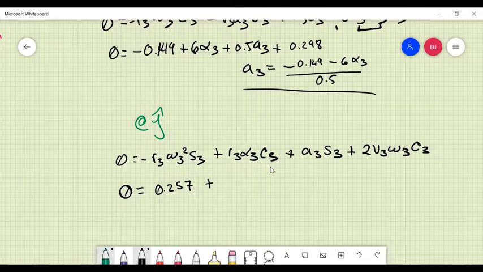Plus cosine of theta 3, which is... this would be 3.46, right? Which is the sine of 300. It's a negative one, is 0.86683, plus whatever this is. So I have 0.23 times 0.07 times 2 times 0.5.